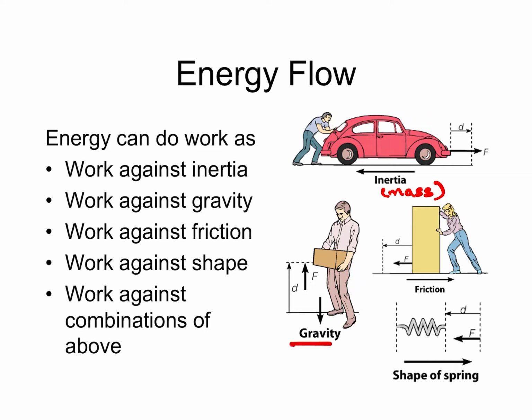Friction. Depending on the material, if you're trying to push something across carpet versus across an ice skating rink, you're going to experience different friction. And then the shape of whatever the object is can cause you to have a different work. This one's showing you the shape of the spring.